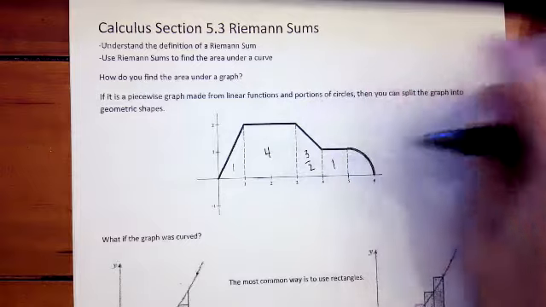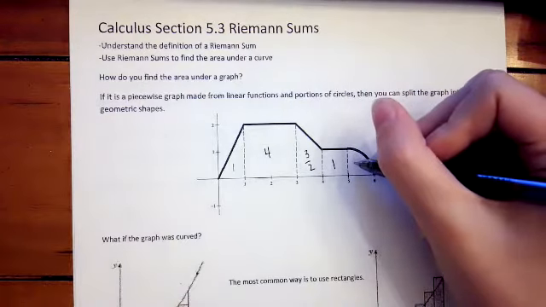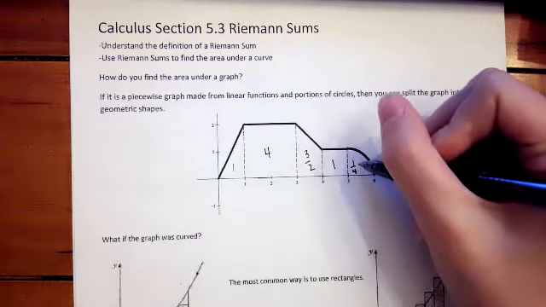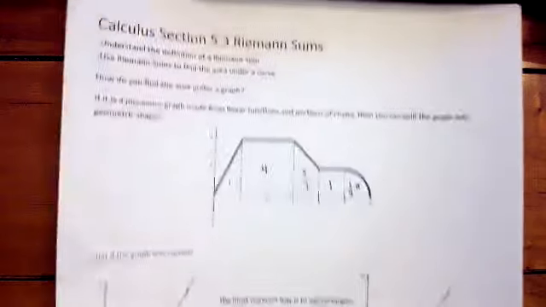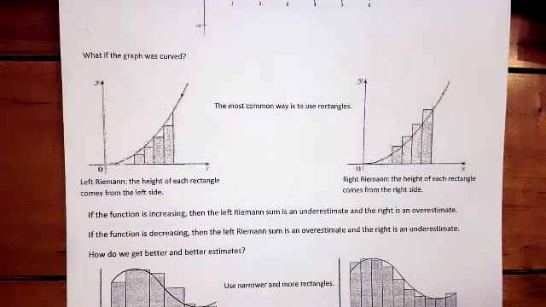We've got another square that's 1 by 1, and then we've got a quarter circle, so with a radius of 1, 1/4 pi would be our area, and we'd add all these up and we'd find the area under this curve.